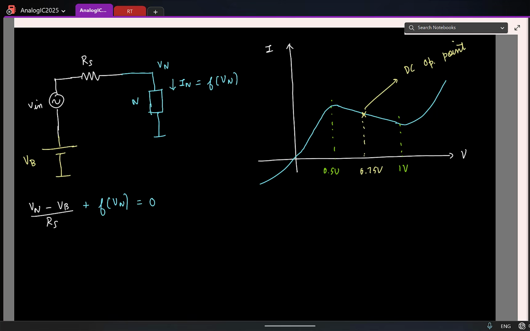Now my goal is to find what is the total voltage here. Because of this Vn you have some additional terms, I'll call it delta Vn. Which means the current flowing down here is not f of Vn, it is f of the total voltage Vn plus delta Vn.